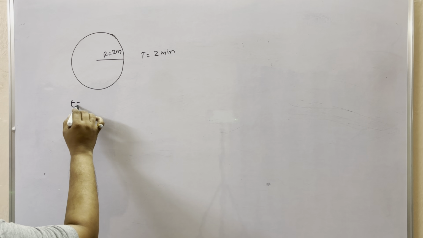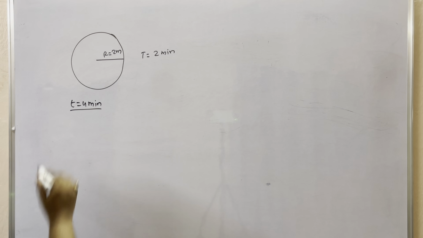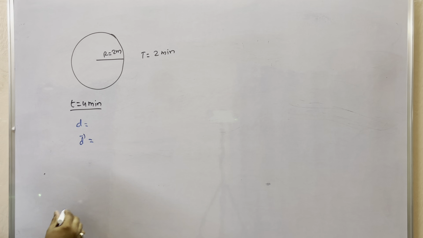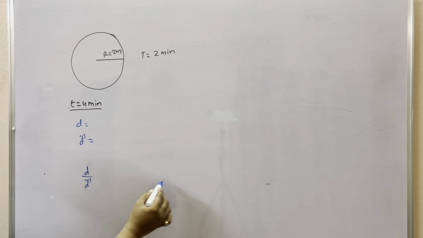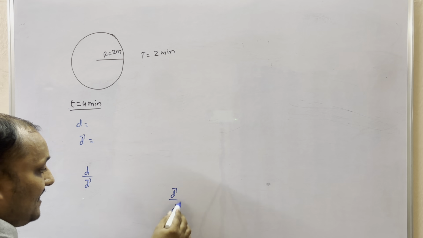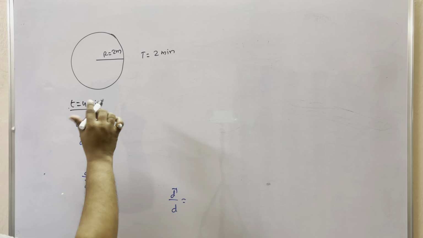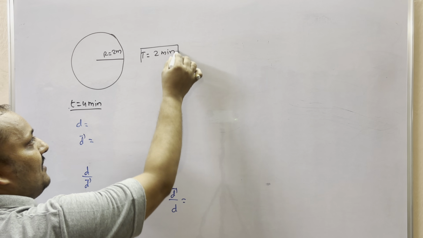So, after 4 minutes, what is the distance, what is the displacement, what is the ratio of distance and displacement? What is the ratio of displacement and distance after 4 minutes, 5 minutes, 6 minutes? Like that you can do n number of problems.